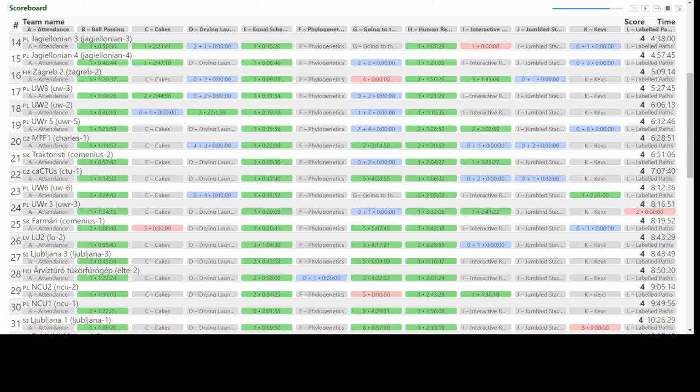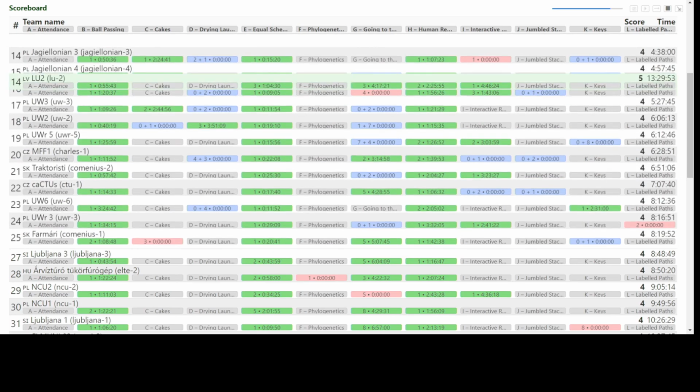Nope. Then we have the team with 1 attempt at phylogenetics, which was not successful. We have LU2 with problem I, which was successful.